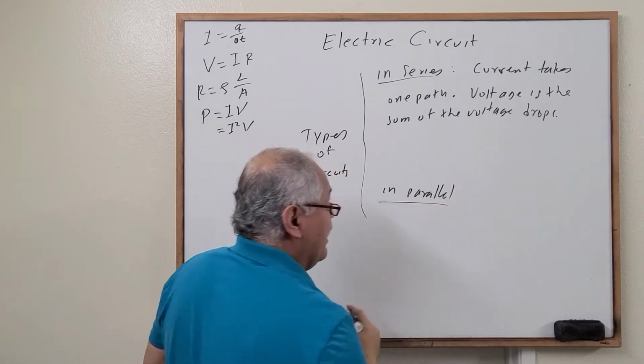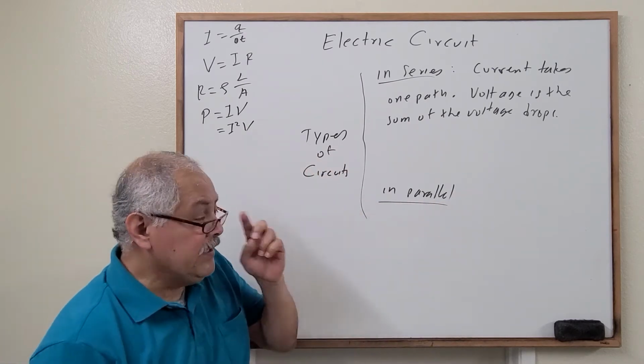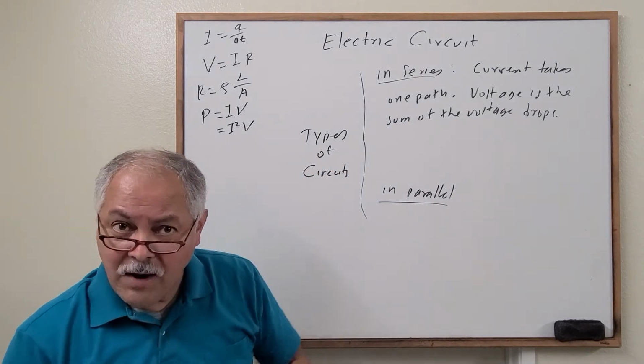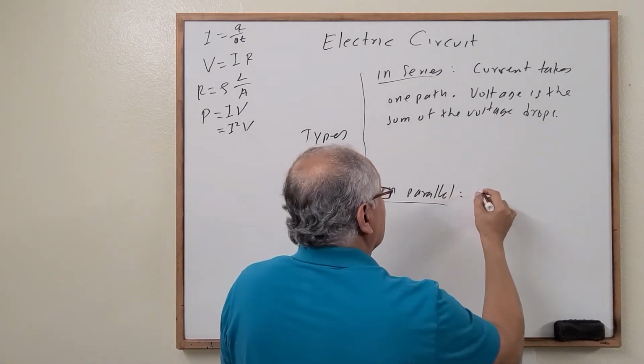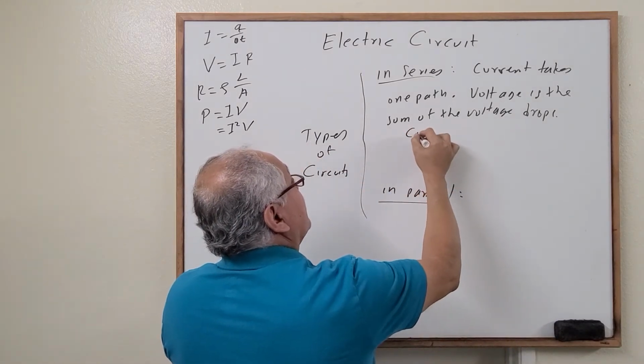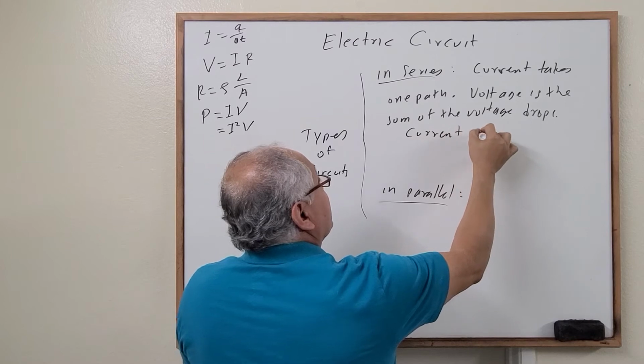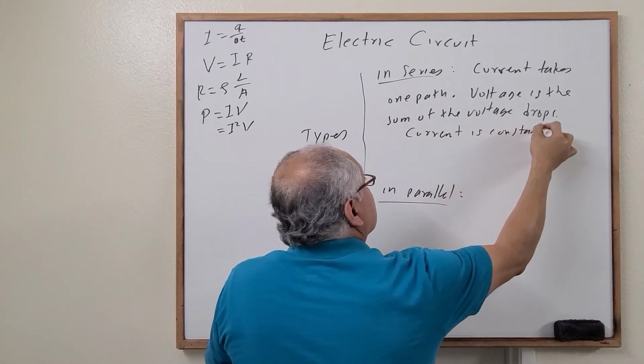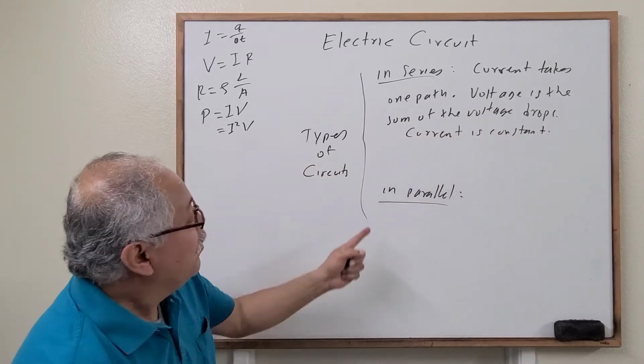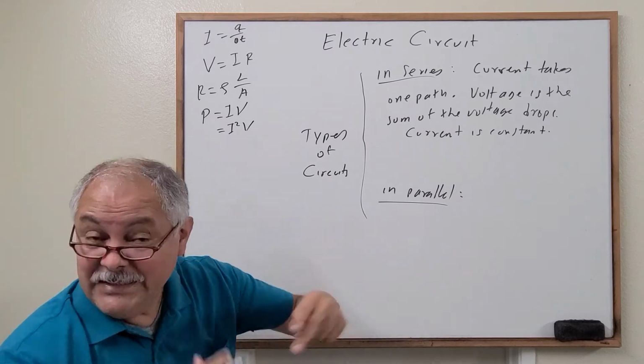What about in parallel? In parallel, current is split into two or more paths. In series, current is constant. What about in parallel? This is the opposite.